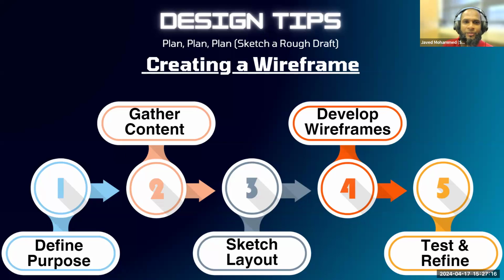But in the end, it might be too confusing, too wordy, too much, not effective, not aligned to the purpose. So create a basic outline and consider the user journey. Consider how a person is going to interact with your site.